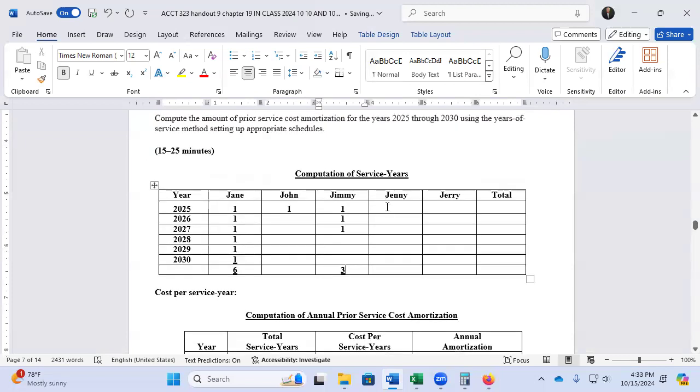Jenny 6 and Jerry 4. I'm just going to sum across. So we have 5, 4, 4, 3, 2, and 2, and those should add up and down to 20.